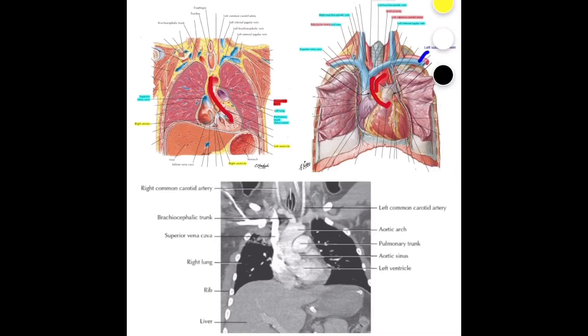If we see it over here, we can't see all the branches in this particular section. We can maybe see the brachiocephalic trunk, which we are able to see. These are all interrupted sections that we are seeing, but when we go on to the CT and scroll down, we see it as a continuous flow.